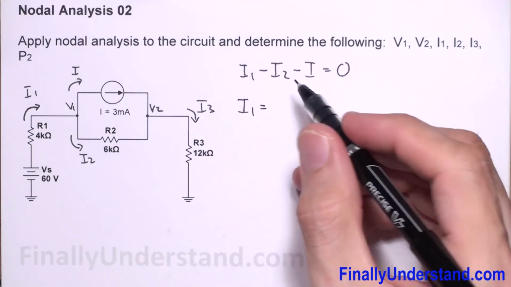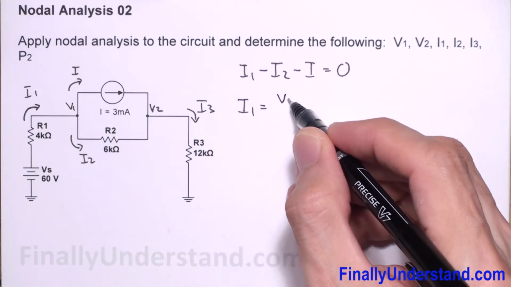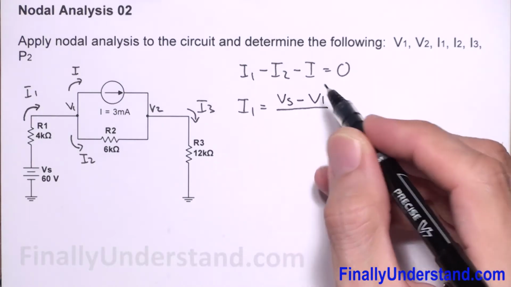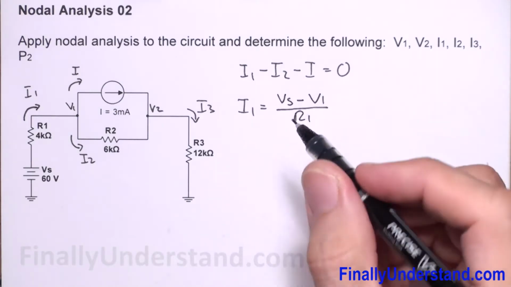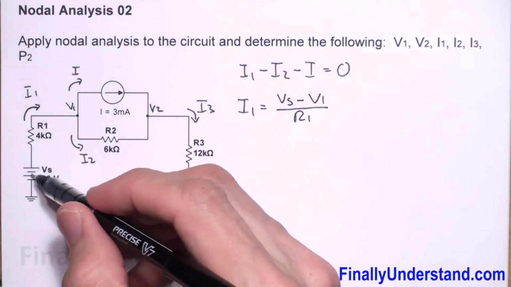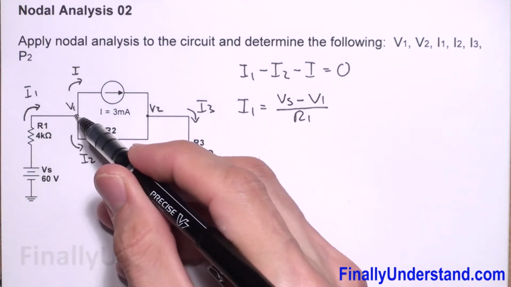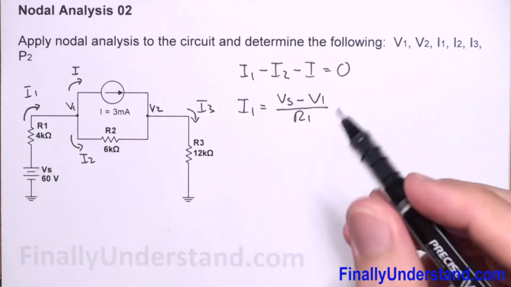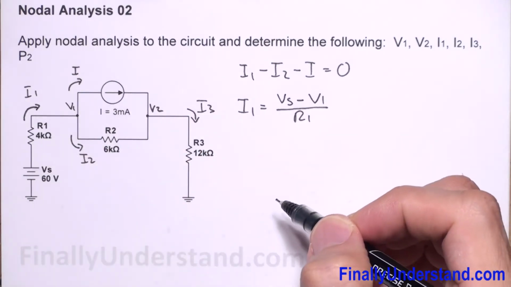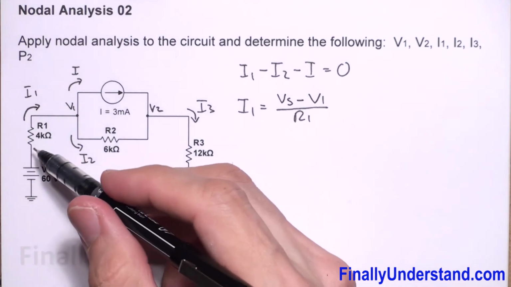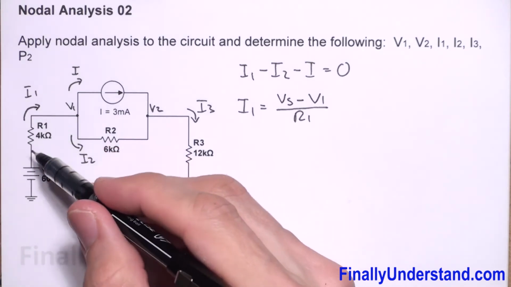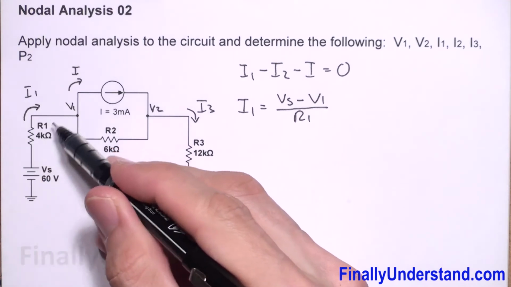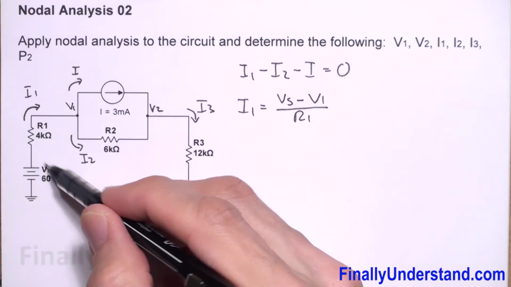Simply, please realize that I1 is equal to voltage source minus V1 over R1. So this voltage minus the voltage at this node divided by the resistance R1 will give me current I1. I always follow the current. So if the current goes, let's say, in this direction, I'm going to subtract from Vs V1.